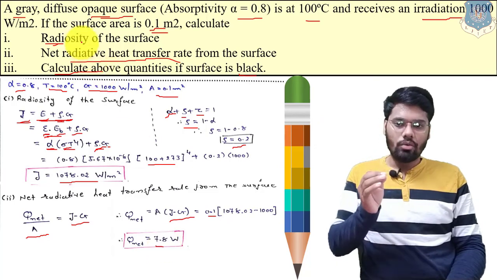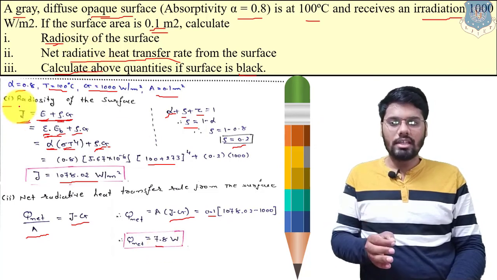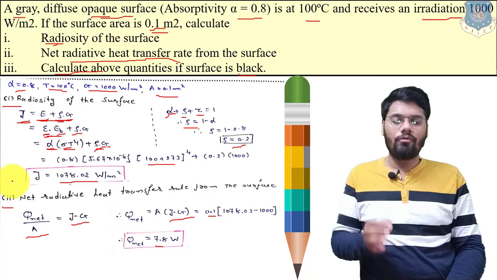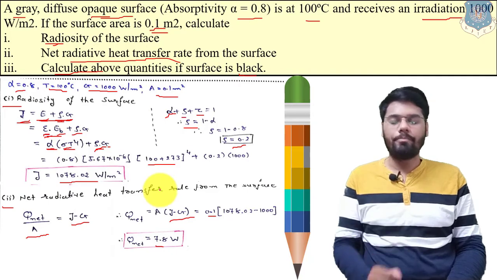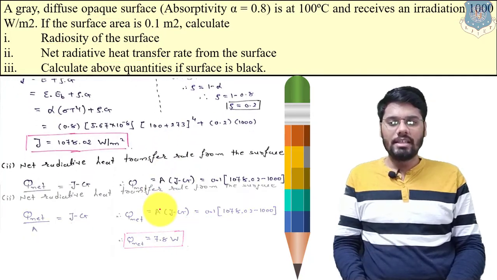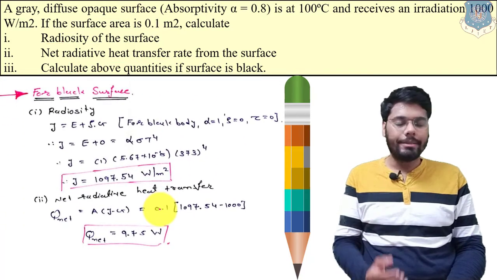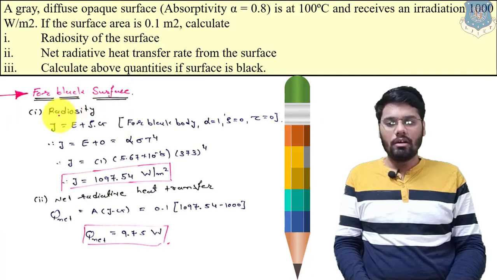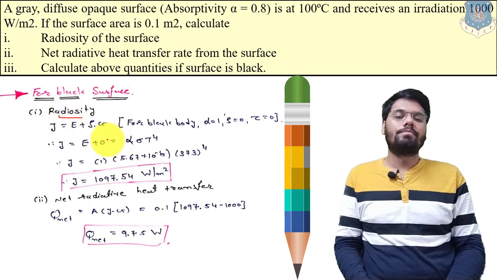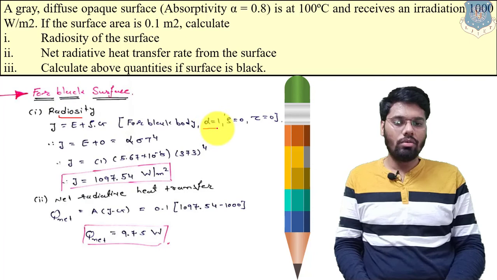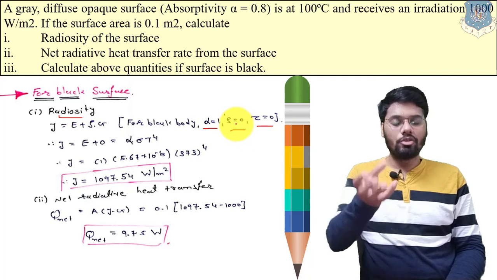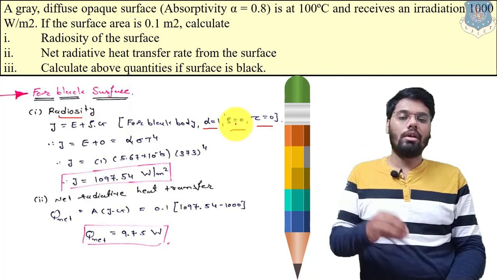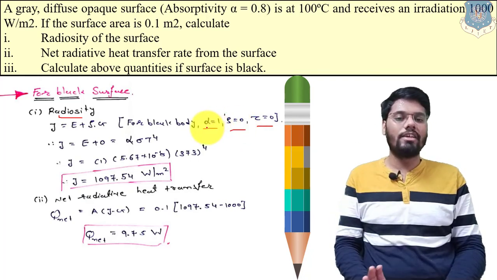Now we have to calculate the first and second points again by considering this body as a black body, not as a gray body. If we consider this body as a black body and calculate the radiosity, we know transmissivity is equal to 0 and reflectivity is equal to 0, because a black body absorbs every electromagnetic wave incident on its surface, so absorptivity alpha is equal to 1.